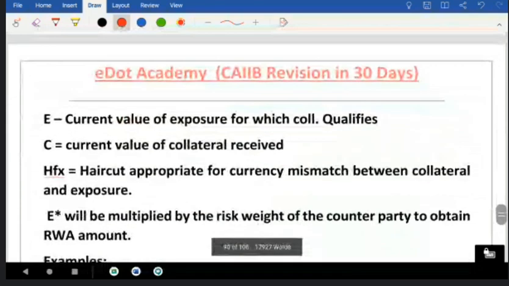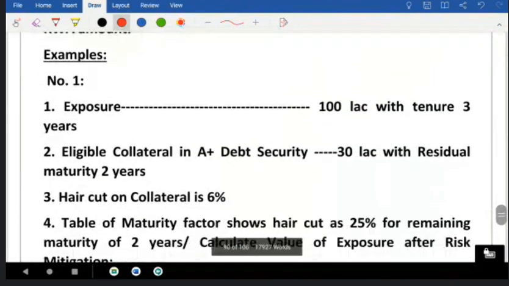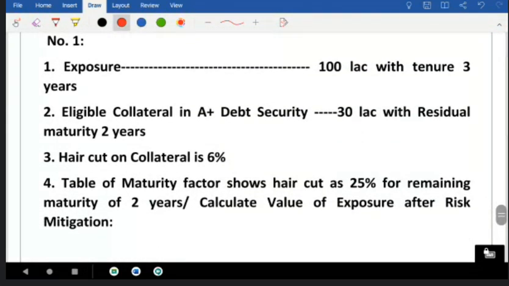Now we see the numerical here. Exposure is 10 lakh for 3 years. Eligible collateral is A plus debt security of 30 lakh with residual maturity of 2 years.